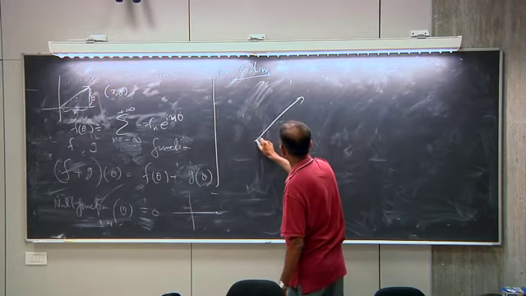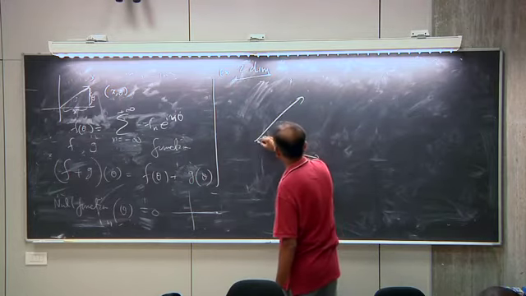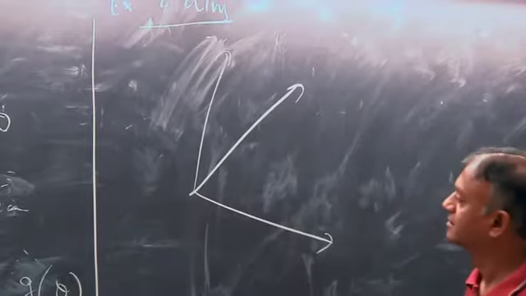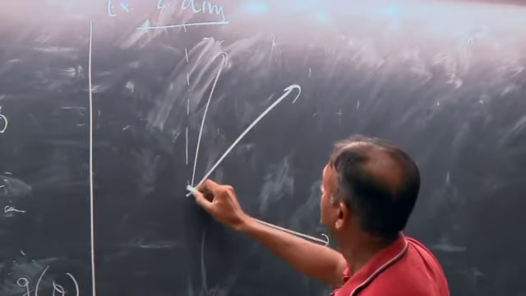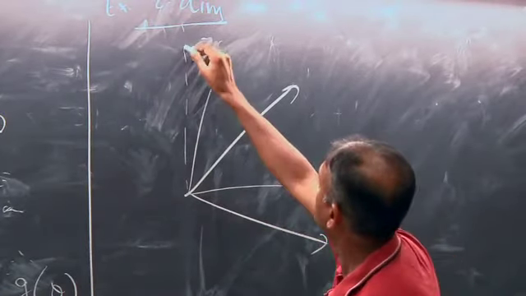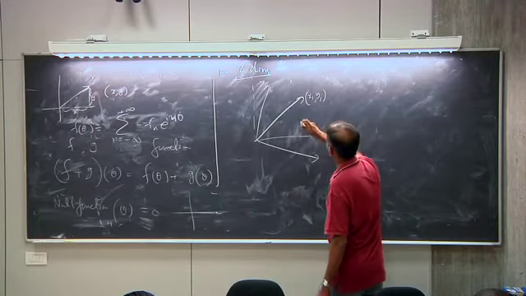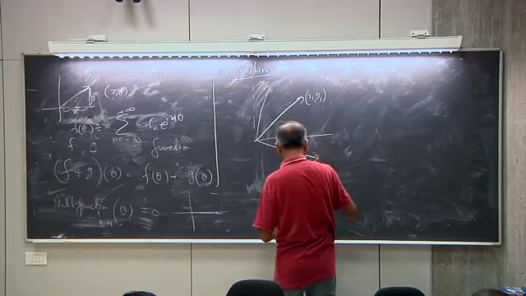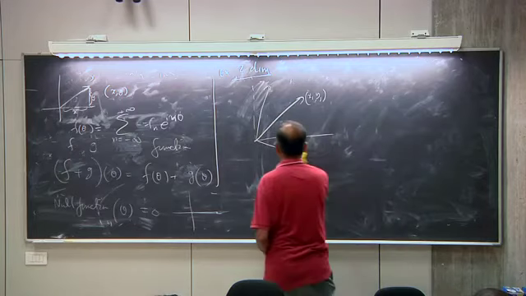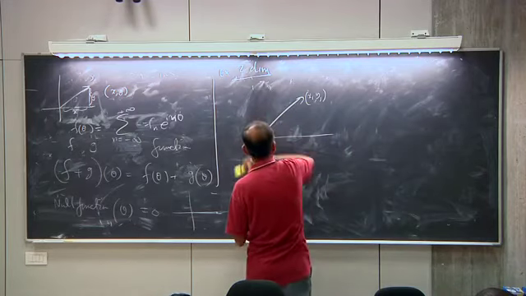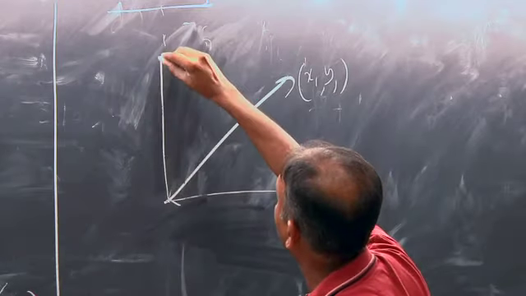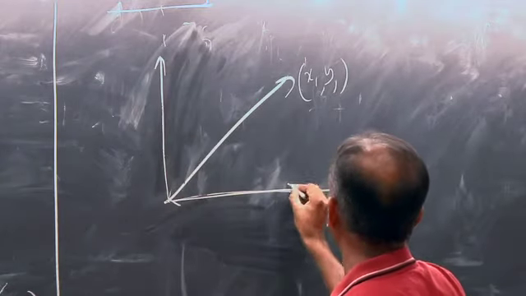I take this vector, another vector here, and another vector here. Let me simplify this a bit. I take one vector as that, one vector as that.